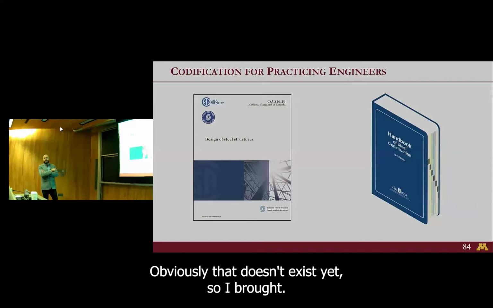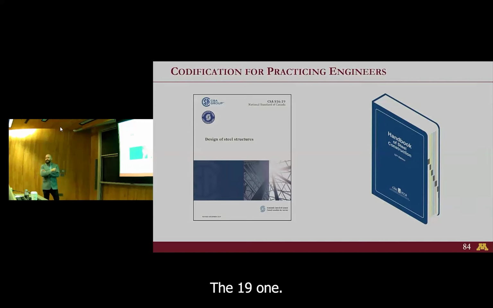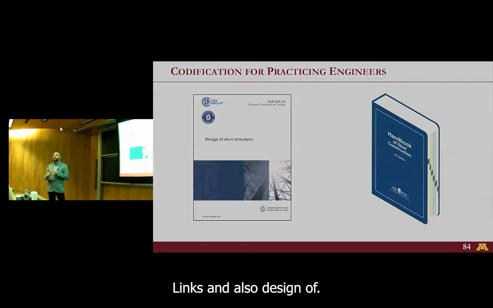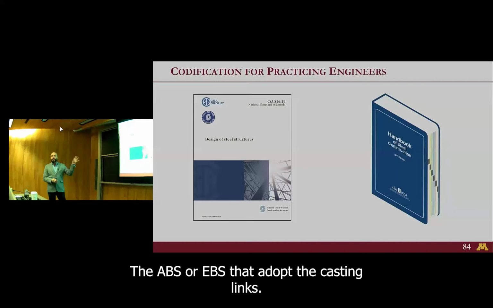Obviously, that doesn't exist yet, so I brought the 19.1. But essentially, we provided design guidelines for the design of cast steel replaceable links and also design of the EBF or EBFs that adopt the cast steel links.